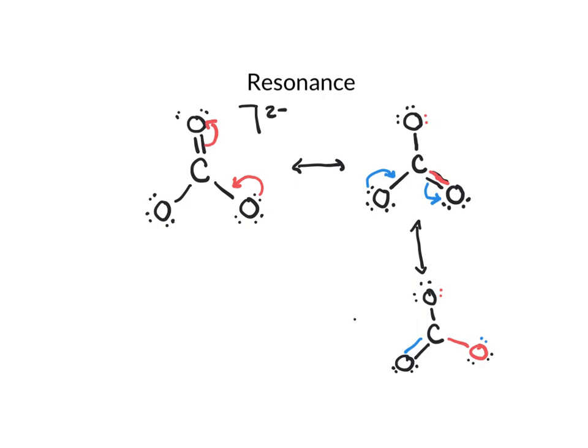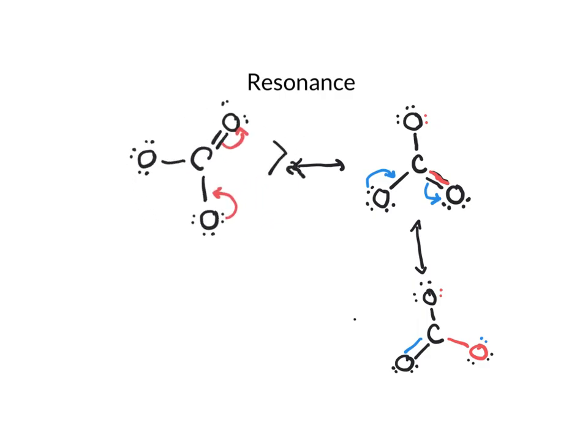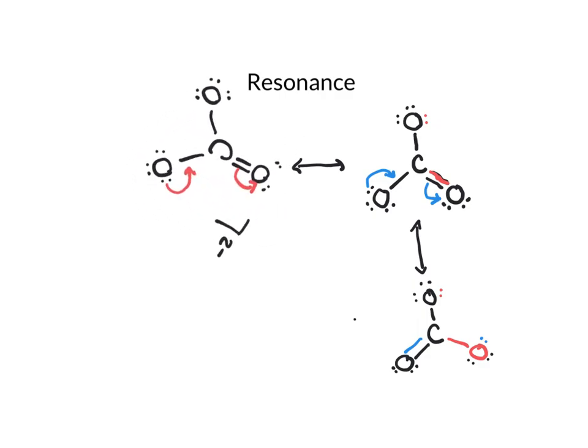When I can draw structures like these, where if I take one of these structures and I simply rotate this around like this, I will see that it looks exactly like this structure. Now the double bond is over here and the single bonds are top and to the left.